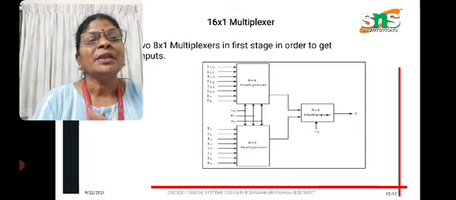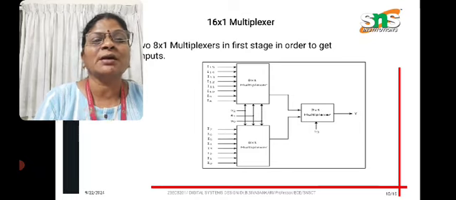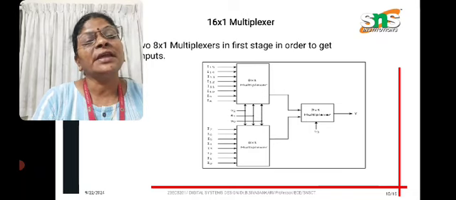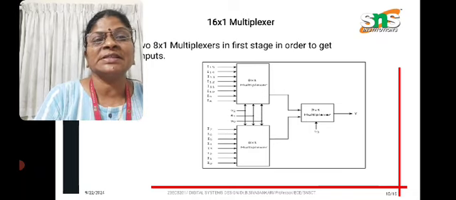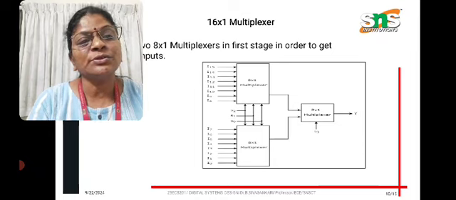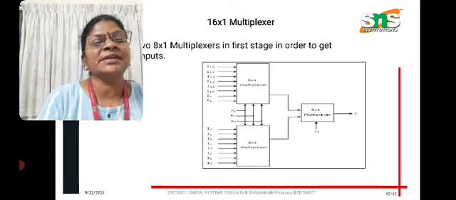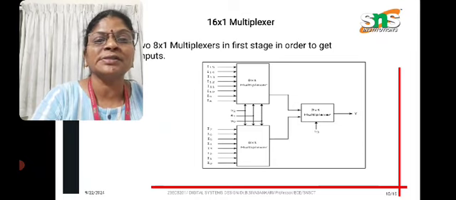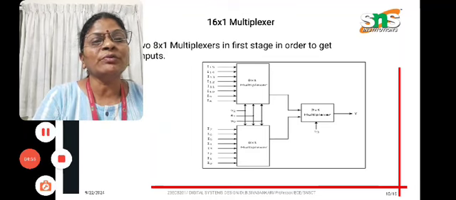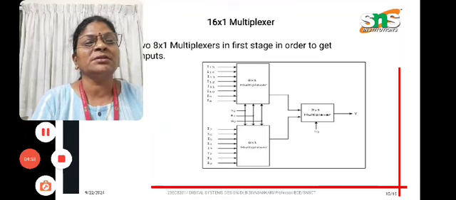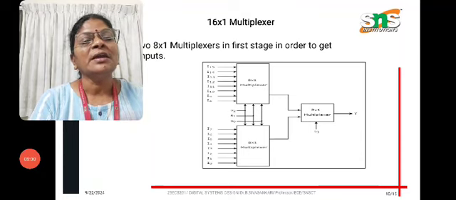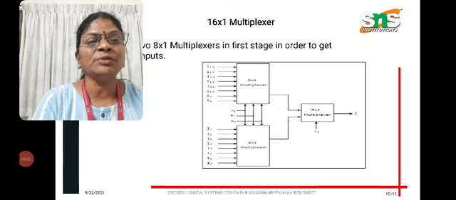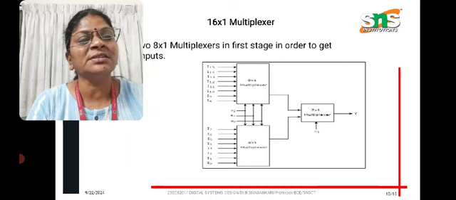In 4 cross 1 we have 2 selection lines, in 8 cross 1 we have 3 selection lines, and in 16 cross 1 we have 4 selection lines, S0, S1, S2, S3, to get one single output. From the 16 inputs, any one input will be selected in our output.